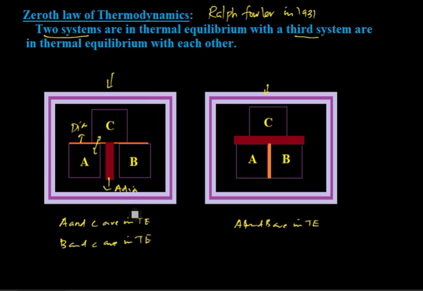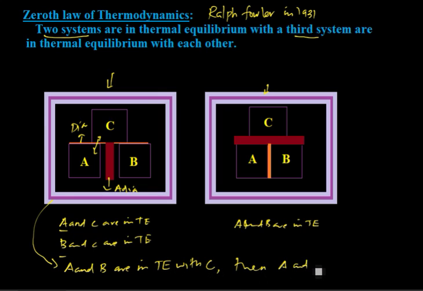Here the zeroth law states that if A and B are in thermal equilibrium with the third system C, then A and B are in thermal equilibrium with each other.